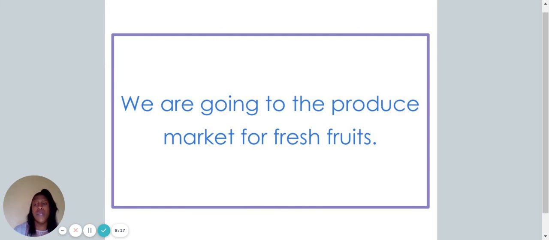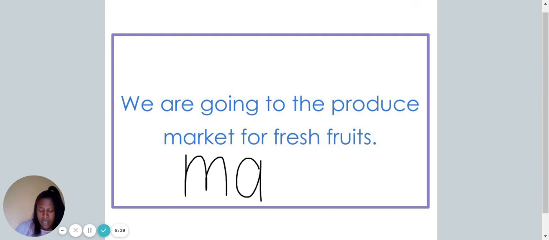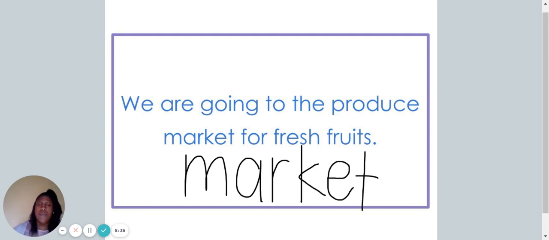Did you say the word market has an R-controlled vowel syllable? If so, you are correct. Please write it on your piece of paper. M-A-R-K-E-T. Where should we separate the word into its word parts? Great job, between the R and the K. Market.